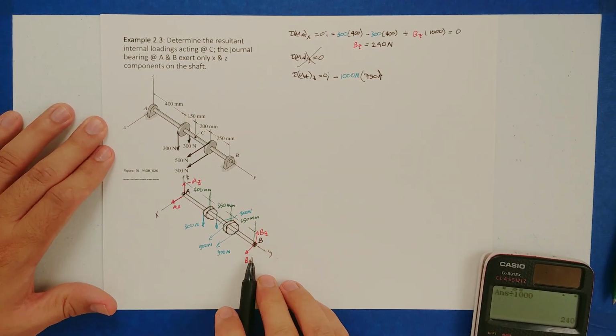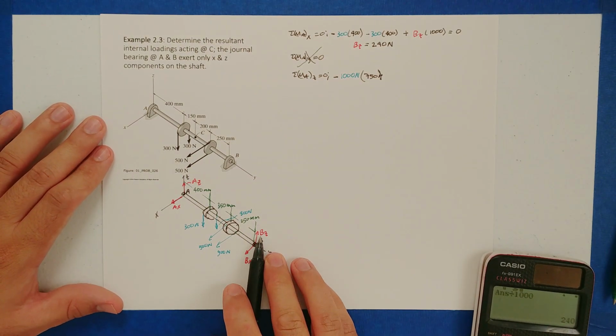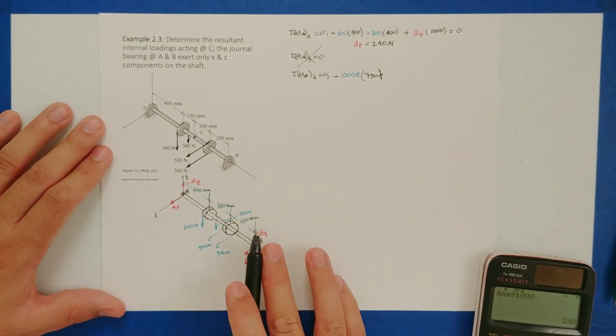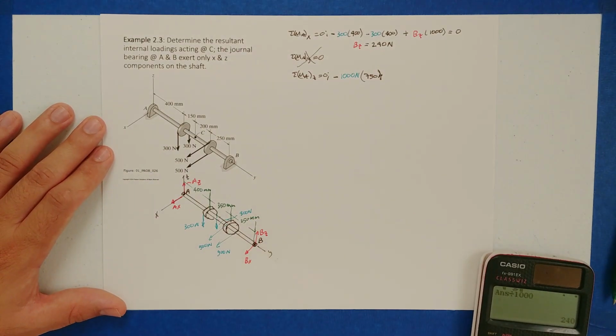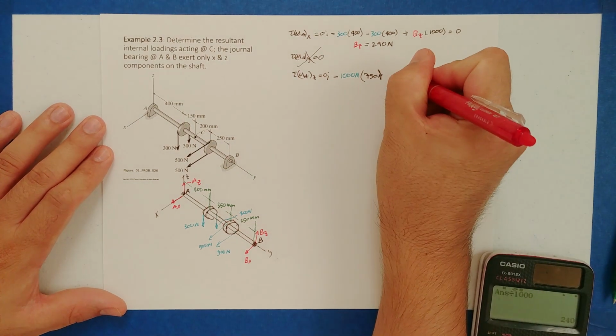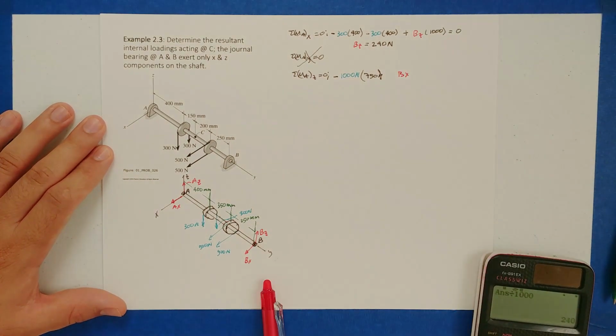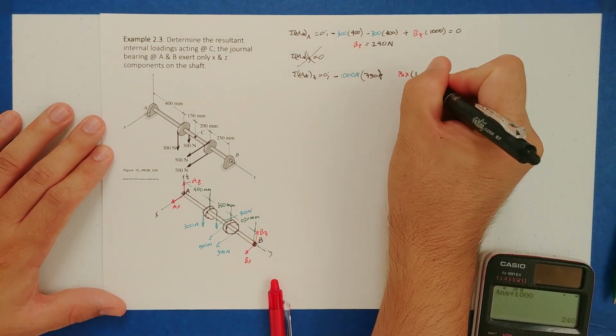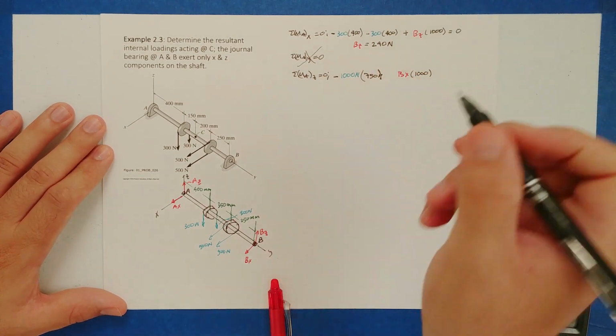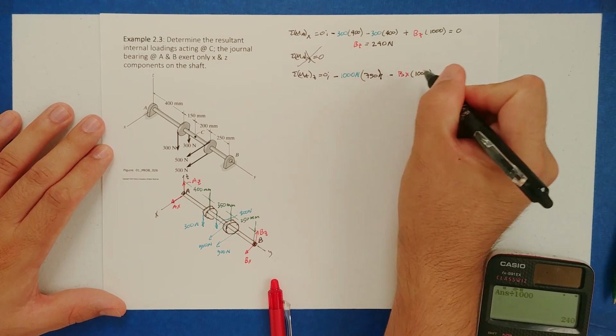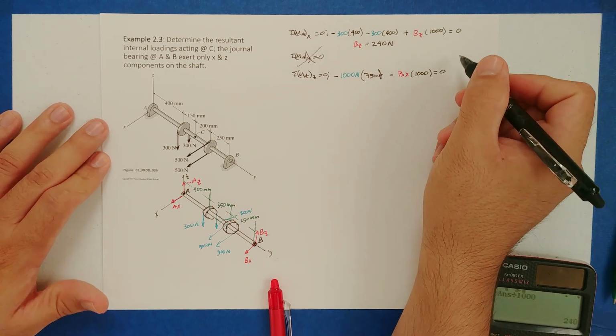Next, I have reaction forces BX and BZ. BZ is in the direction of the axis, not going to participate, but BX will. So the force is BX. The distance is going to be 1,000 millimeters. And this guy is also going to generate a negative moment. So here we go.